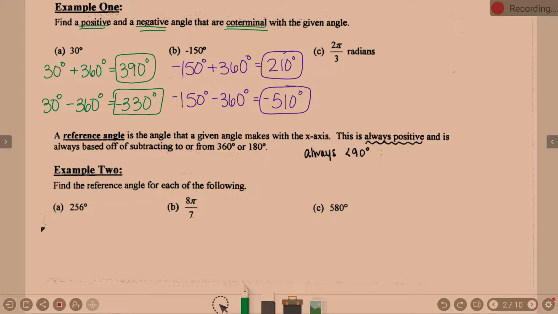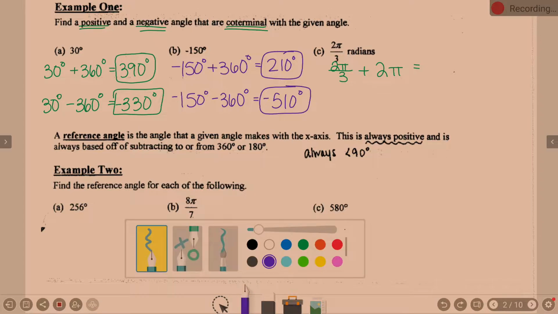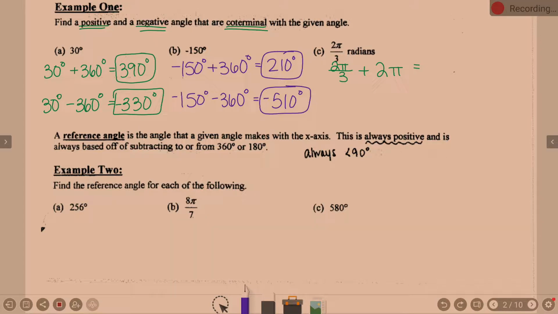Okay. What's the equivalence? What are we going to do here? Ethan? Are we going to add in the 2 pi radians? Yeah. This time, if we're starting with 2 pi over 3, we're going to add 2 pi radians. Now, how do we add 2 pi to 2 pi over 3? What do we need to think about 2 pi as? 2 pi over 1.